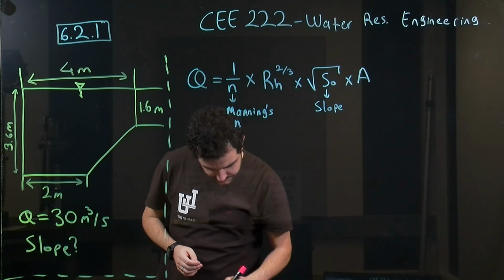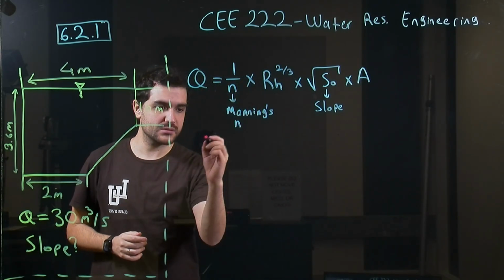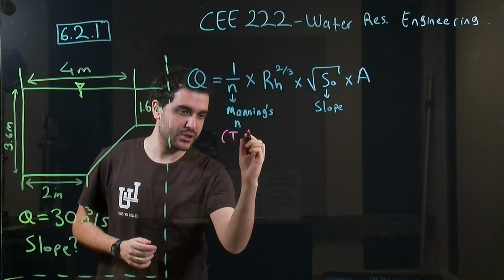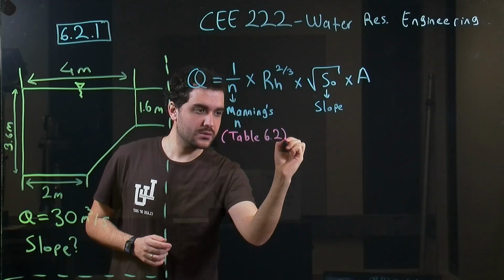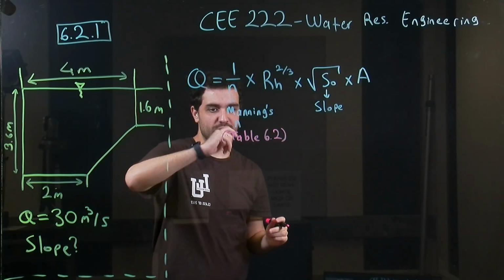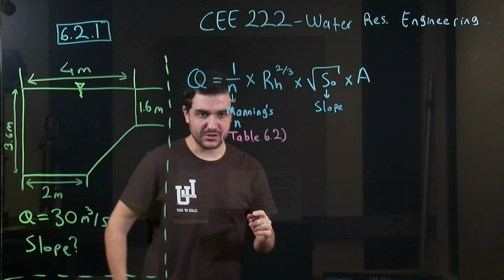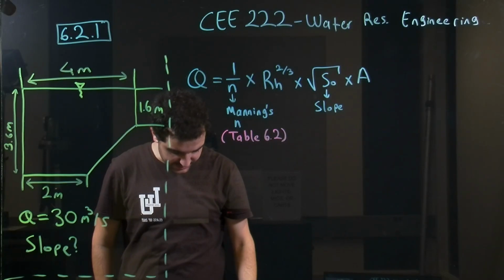So according to table 6.2, you will find that the Manning's n value is 0.013 for concrete channels.